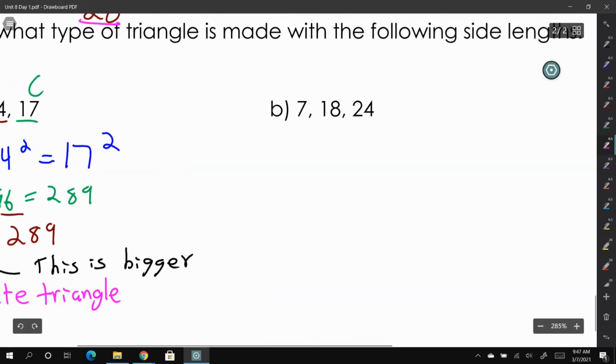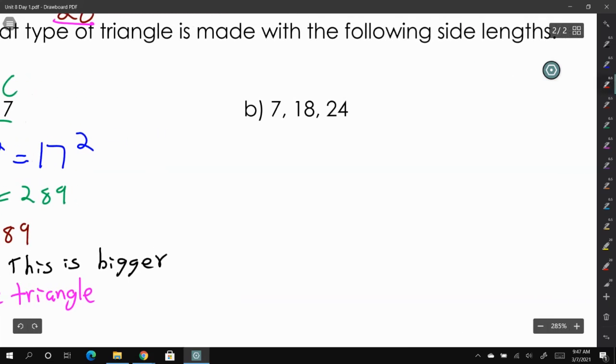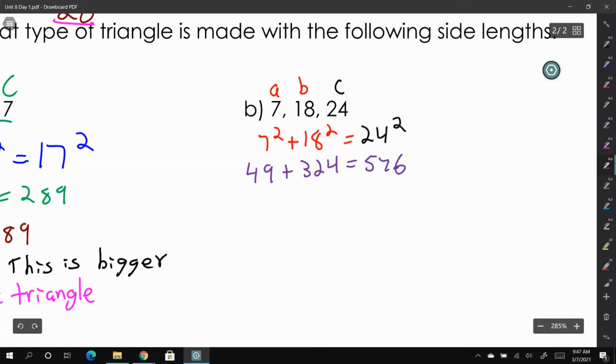Now we look at letter B, and we'll do the same thing. The two shortest sides are A and B, and the longest side is C. So I'm going to have 7 squared plus 18 squared equals 24 squared. So 7 squared is 49. 18 squared is 324. And 24 squared is 576. Combine our like terms.